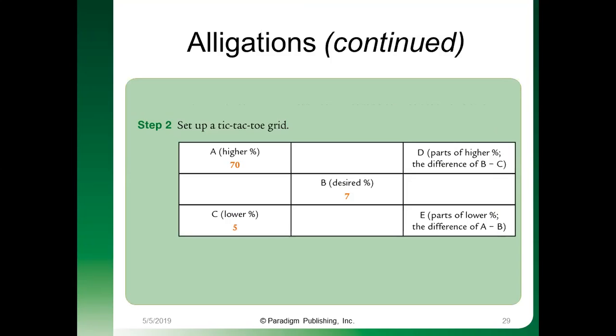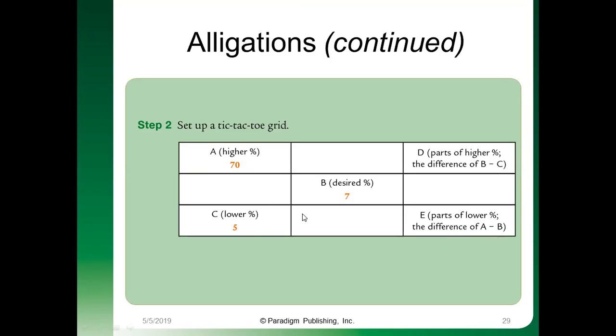So let's set up our tic-tac-toe. The higher percent, 70, and the lower percent, 5, go on the left, and the desired percent, 7, goes in the middle. Let's subtract: 70 minus 7 is 63.